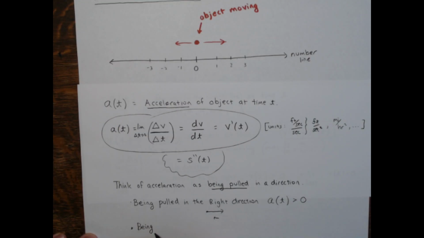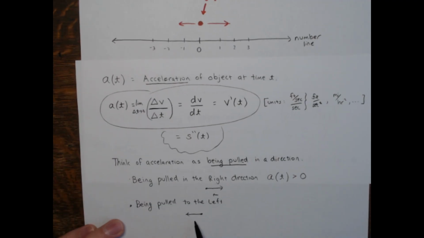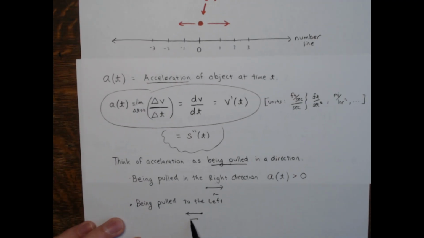Now, if the force is pushing you or pulling you to the left this time, think of the water flowing to the left. What's going to happen here is if I'm moving right, that means I've got a positive velocity.